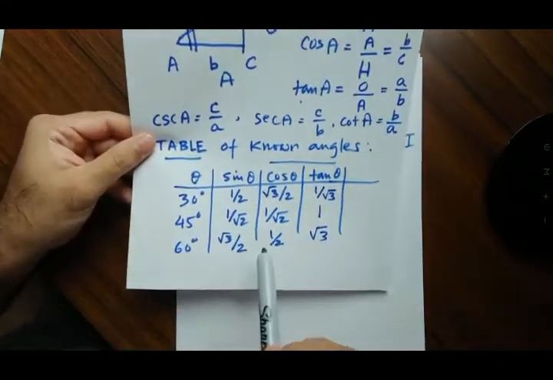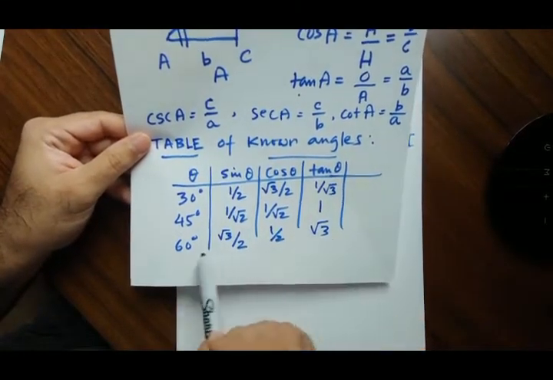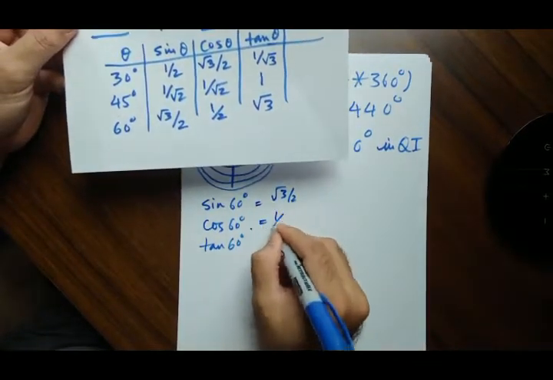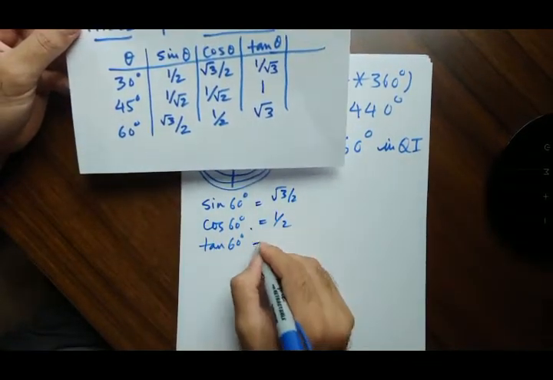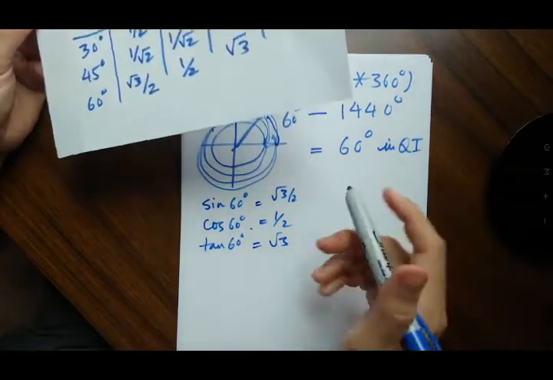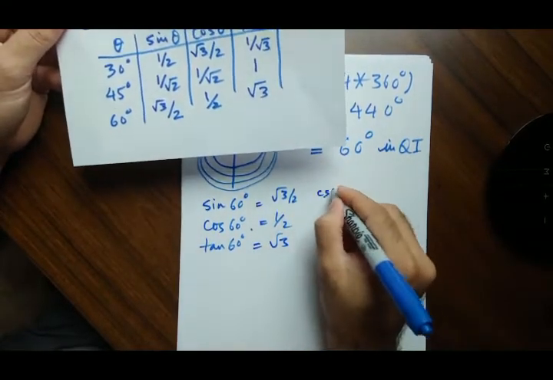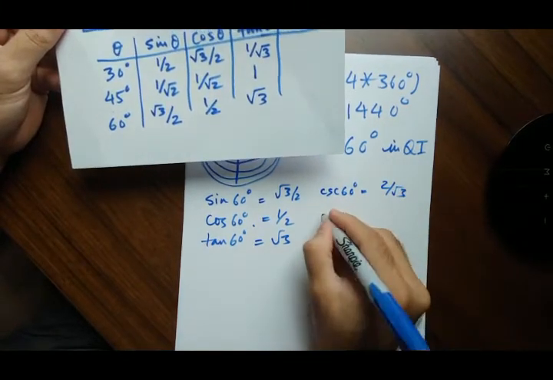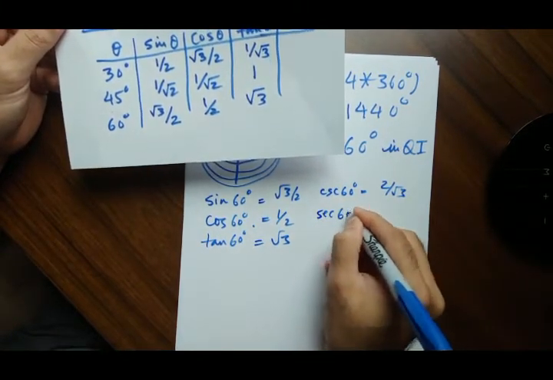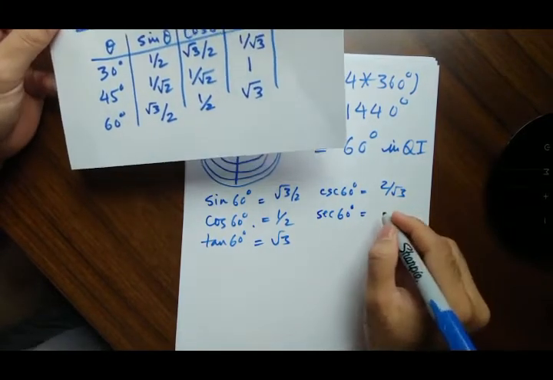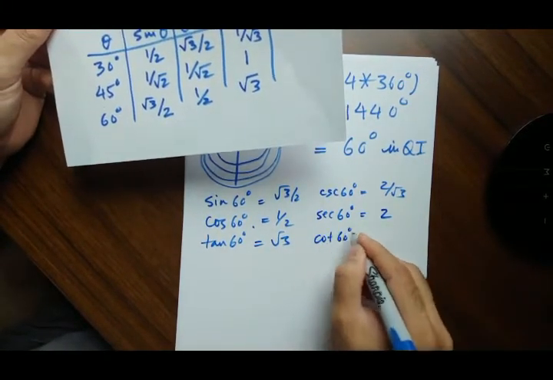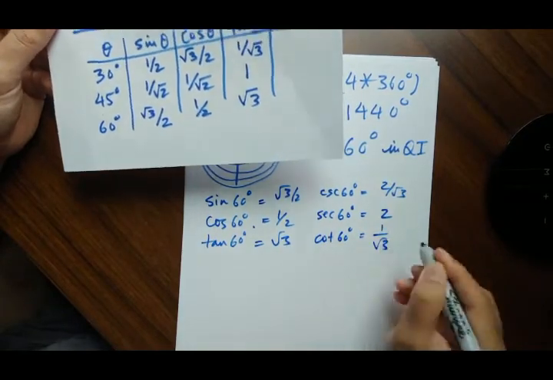You are just writing square root of 3 over 2, 1/2, square root of 3, and then you flip these and you get the other ones. So cosecant 60 will be 2 over square root of 3, secant 60 will be 2, and cotangent 60 will be 1 over square root of 3.